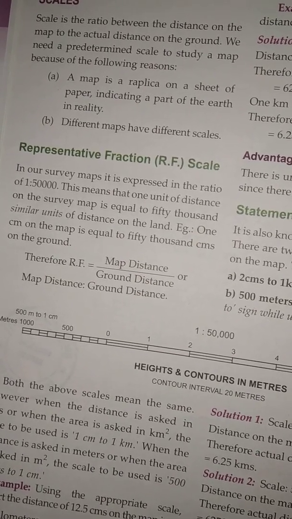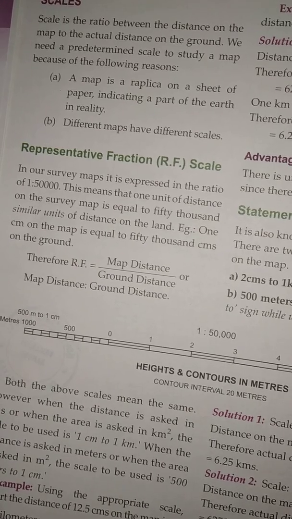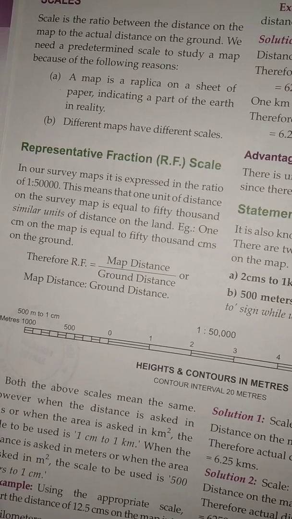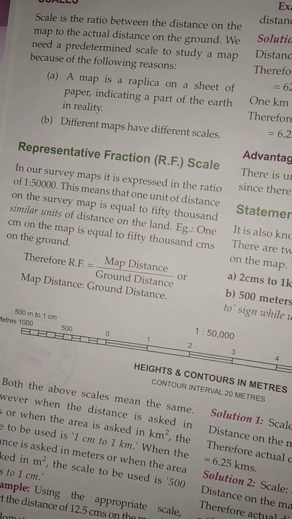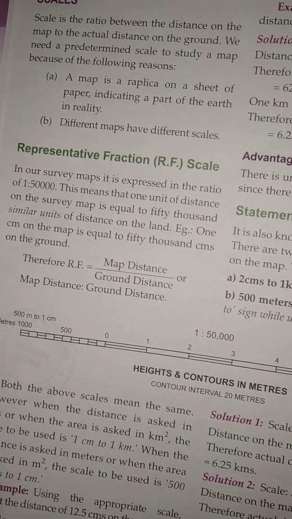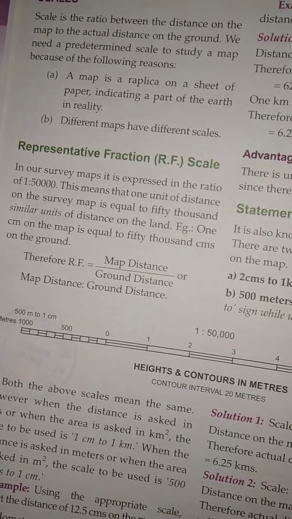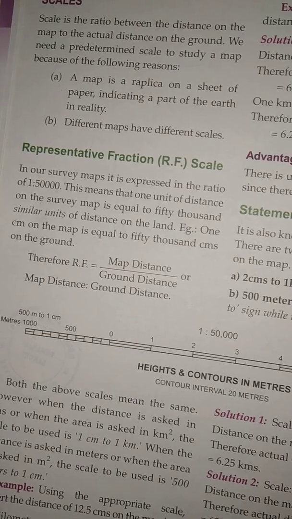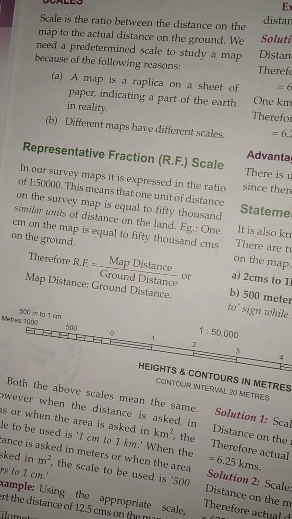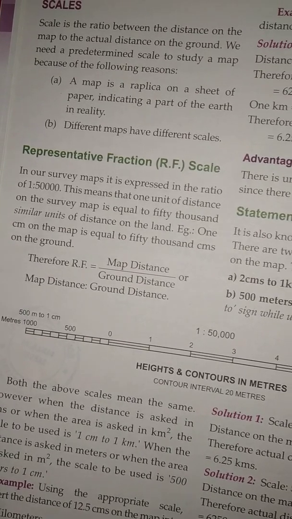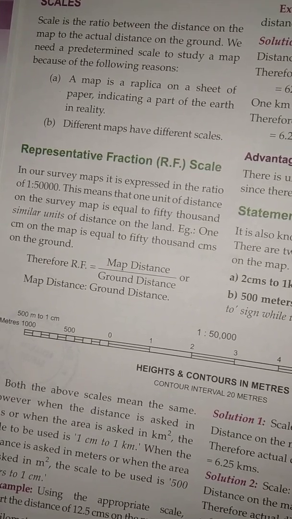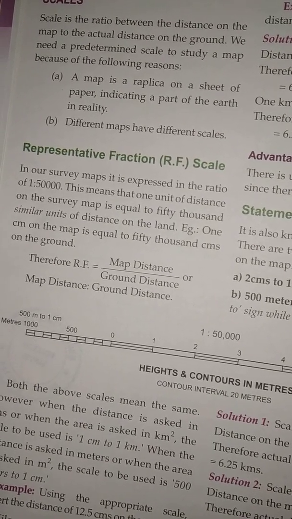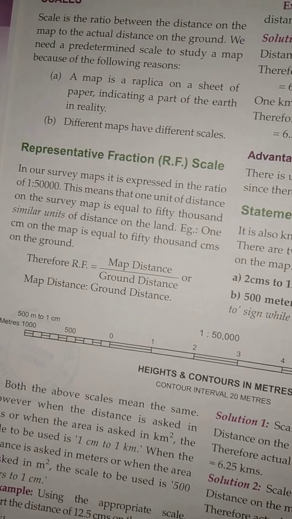Normally in scale, in the earlier example which I have given you, I have told that 1 centimeter is to 1 kilometer. But here it is written 1:50,000. What you can see here is there is no kilometer, there is no centimeter. That means there is no unit. No unit has been used.